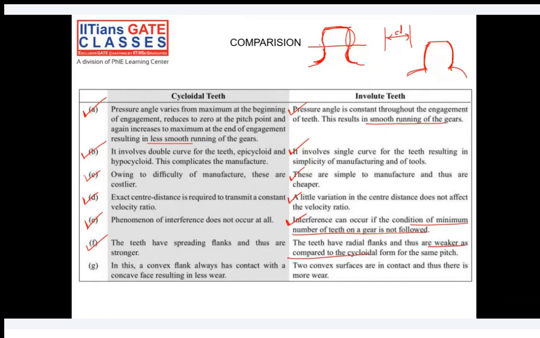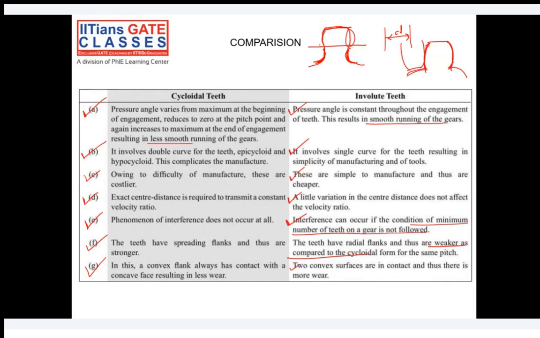As I already said, there is a concave and convex part, so causing less wear in this case. Interference is less in the case of cycloidal teeth, and here the two profiles which are in contact are basically convex, so there is more chance of wear.